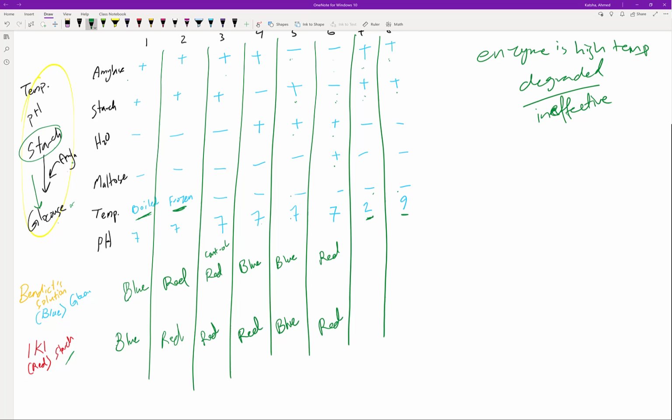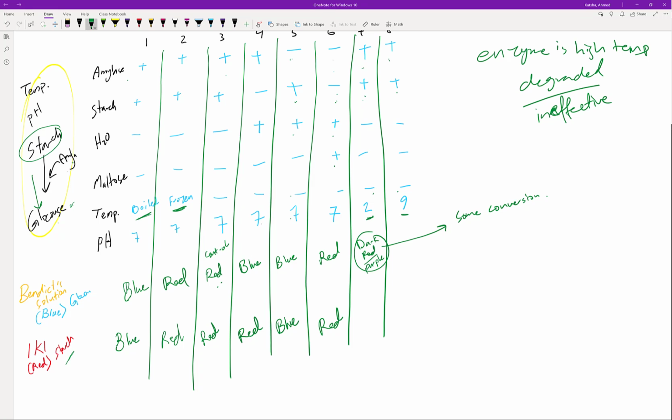And technically, with pH as low as 2, we should not expect too much conversion to glucose. So I will say, instead of red, it will be like dark red or purple. It indicates some conversion, but not as effective as the control.